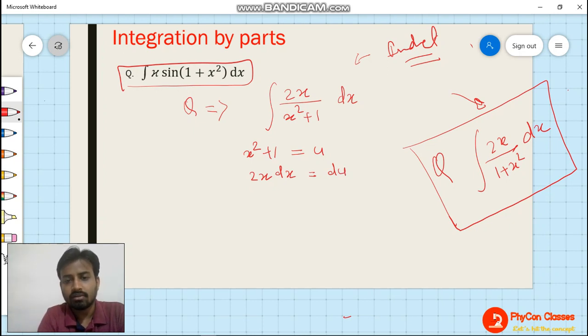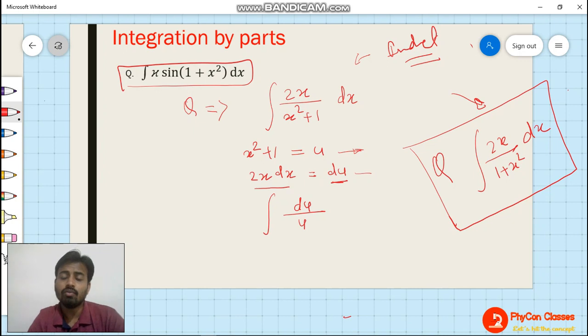Now see, 2x dx becomes equal to du. Now we are going to use both of these in the given equation. So in the integration, in place of 2x dx we can write du, divided by, in place of x square plus 1, we can write u. So du by u, that means it is actually u to the power of minus 1 du.